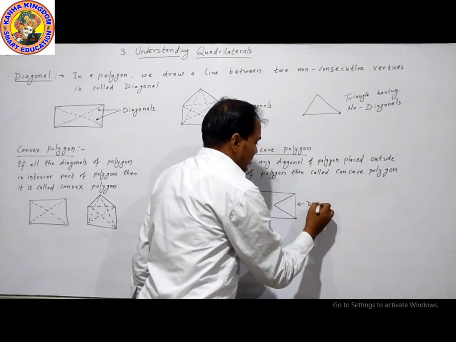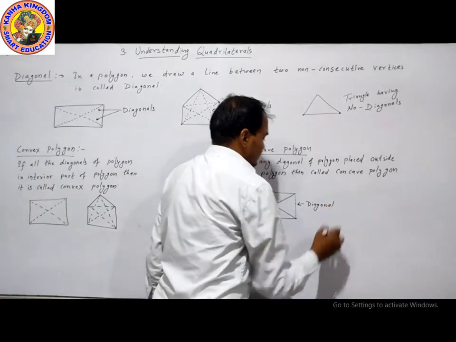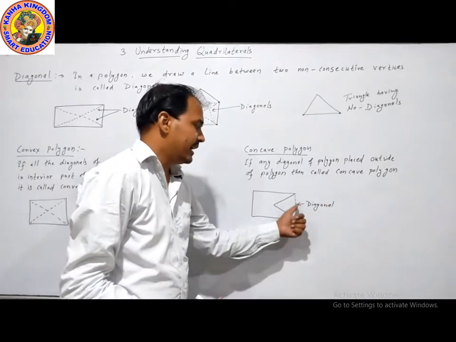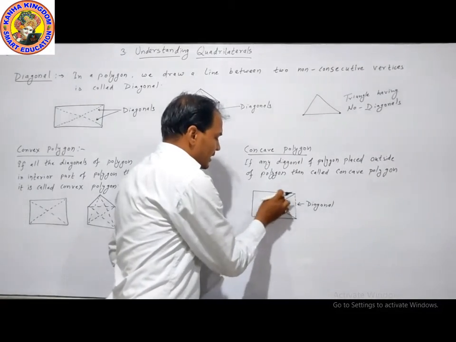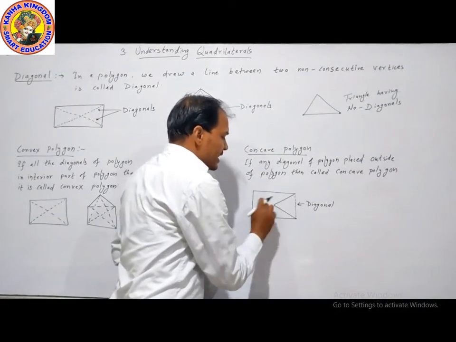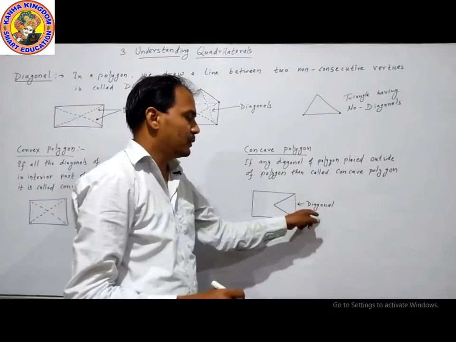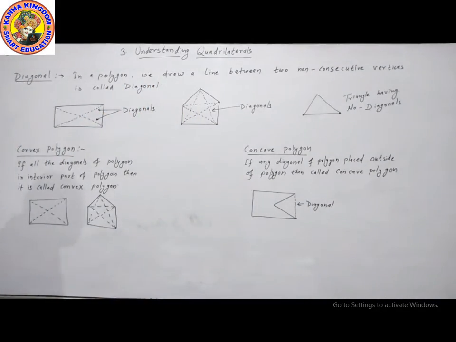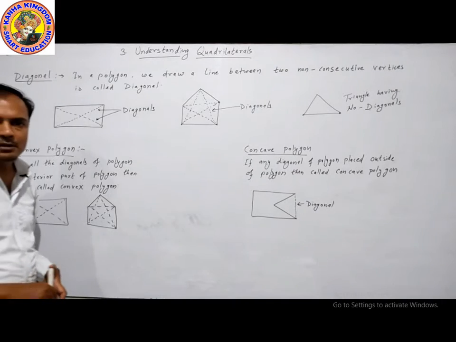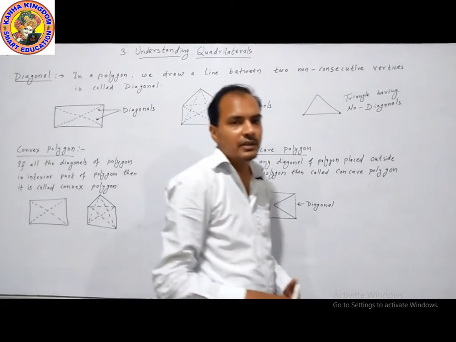This is our diagonal. If any diagonal is placed outside of the closed figure, the diagonal placed outside of polygon, so this is our concave polygon. You can take a screenshot of this. We will move to our next definitions.